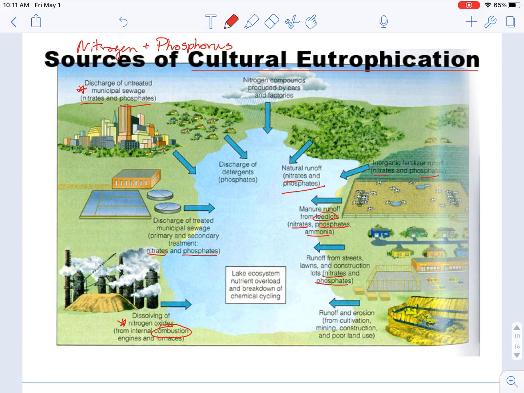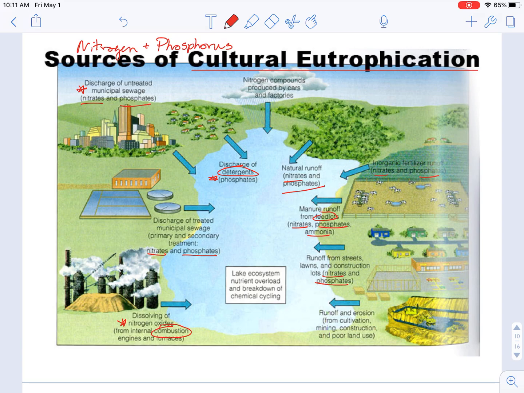One different one here for phosphates is through detergents, right? We use cleaning supplies, and those cleaning supplies have different chemicals in them to help clean. One of those is phosphate, not nitrate. So that is a difference between those two resources.